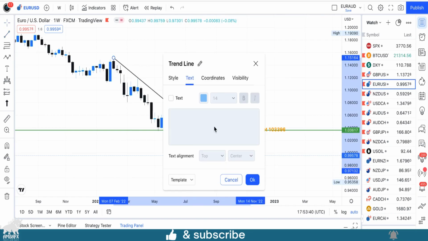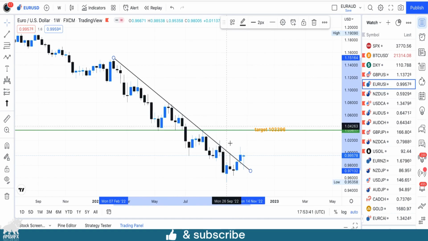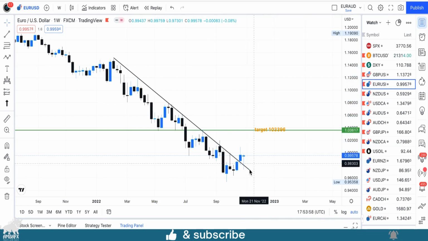As you can see, we have broken through this particular trend line, which means we have a change in the bias. Another thing you have to see is that after it went down to this particular area, a potential amount of buyers came in and dragged the price upward, which creates a very long weak rejection candle at that area in the weekly time frame.